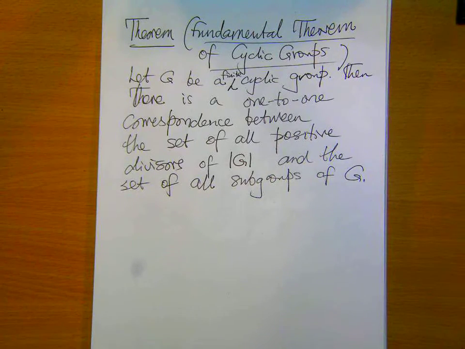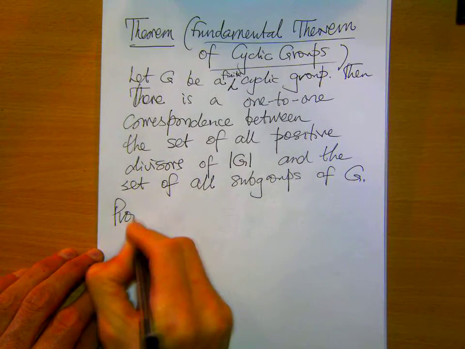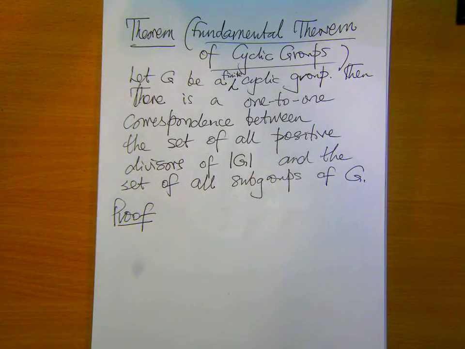So if you can count positive divisors, you can count subgroups. And in fact, the way I would prove it involves actually writing down an explicit bijection.